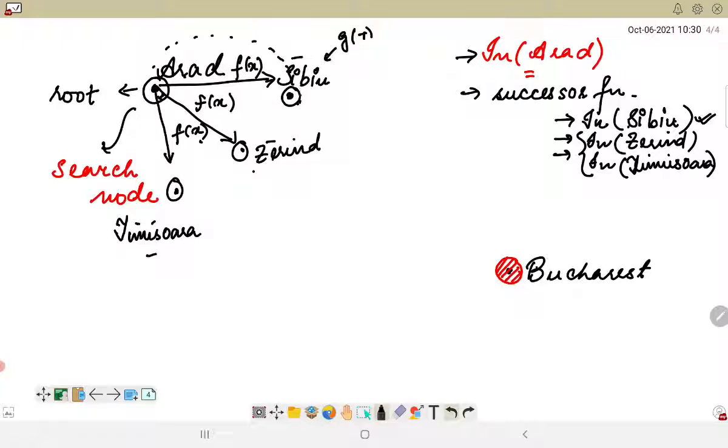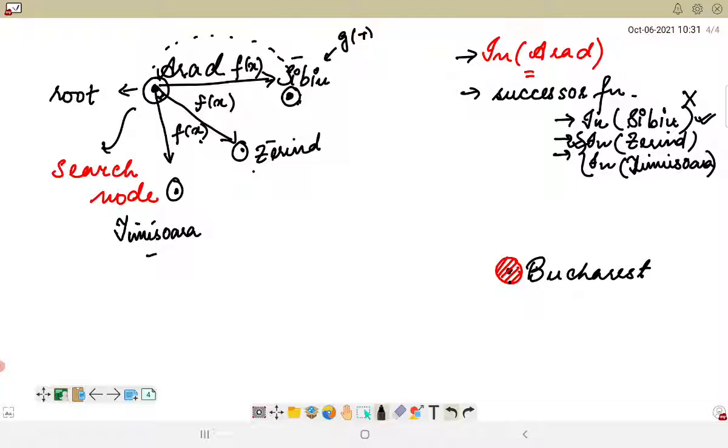If it is not the goal, I will go on repeating the steps recursively until I reach the goal state. Now suppose in between, on reaching Sibiu, I find that I cannot apply any successor function to it. That means Sibiu will not be the correct choice and I will select the next possible choice which is already there.